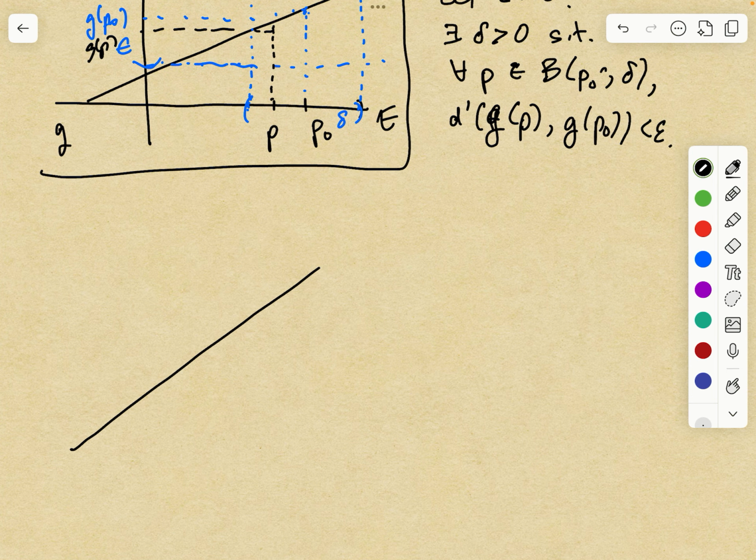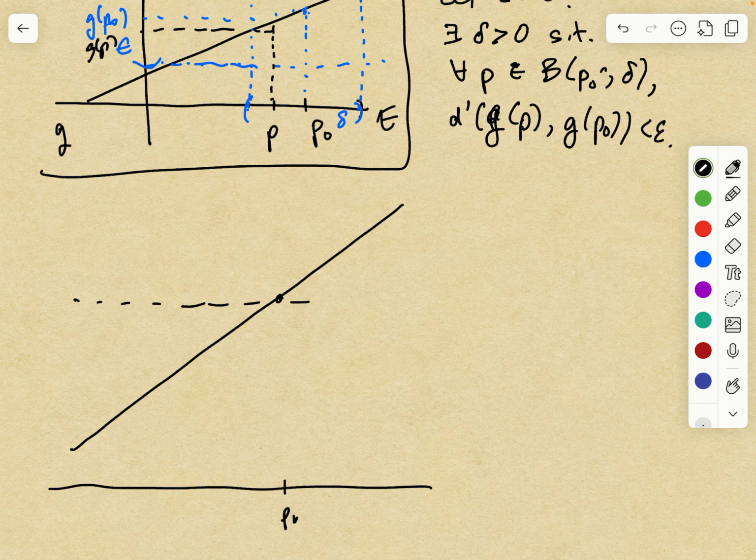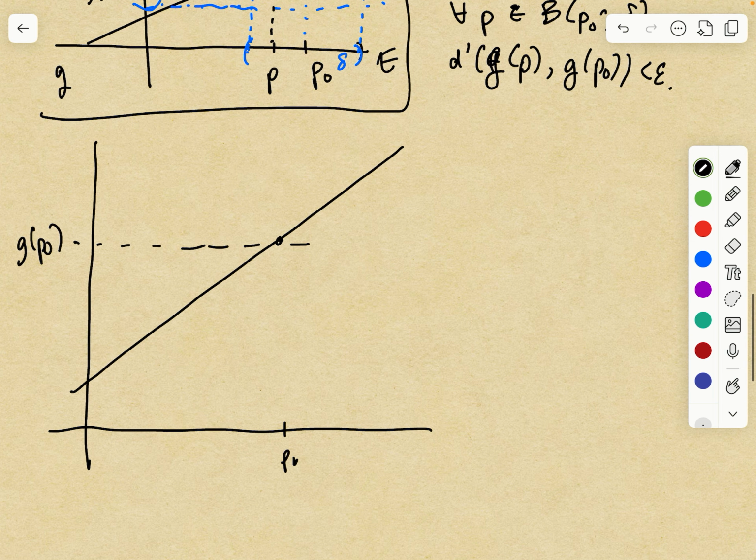So you have this, and then, okay, let's say that I have e here, and then this is p naught. So this is my g of p. P naught, and then I have this p, let's say it's out here, just so that I have more room.